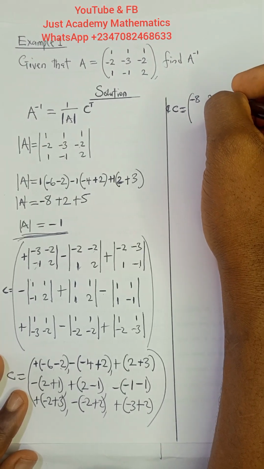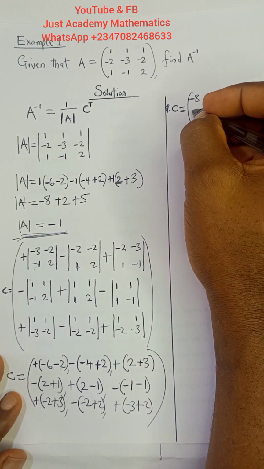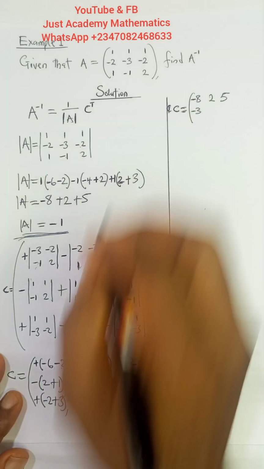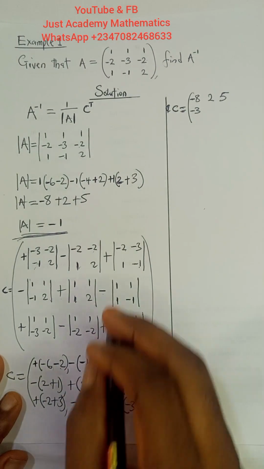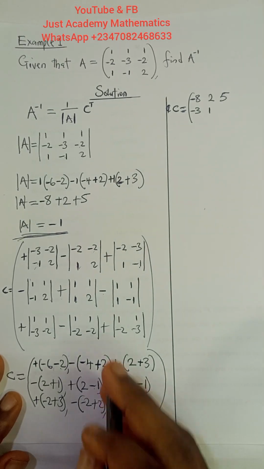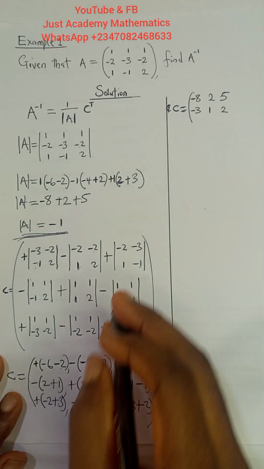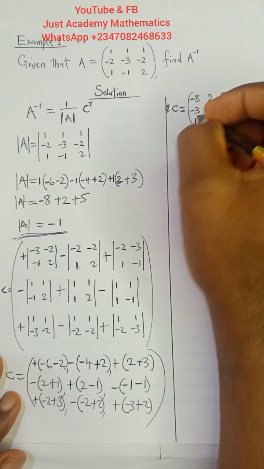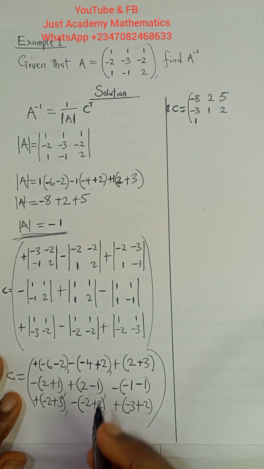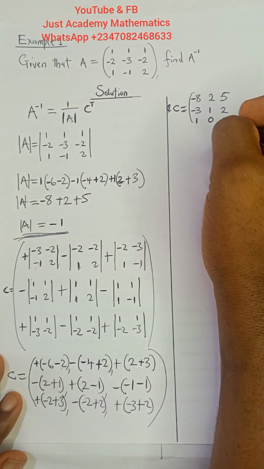Followed by 5 here. Then followed by 3 times minus outside, minus 3. Followed by 1. Followed by minus 2 times minus 2, followed by plus 1. Followed by 0. And followed by minus 1.